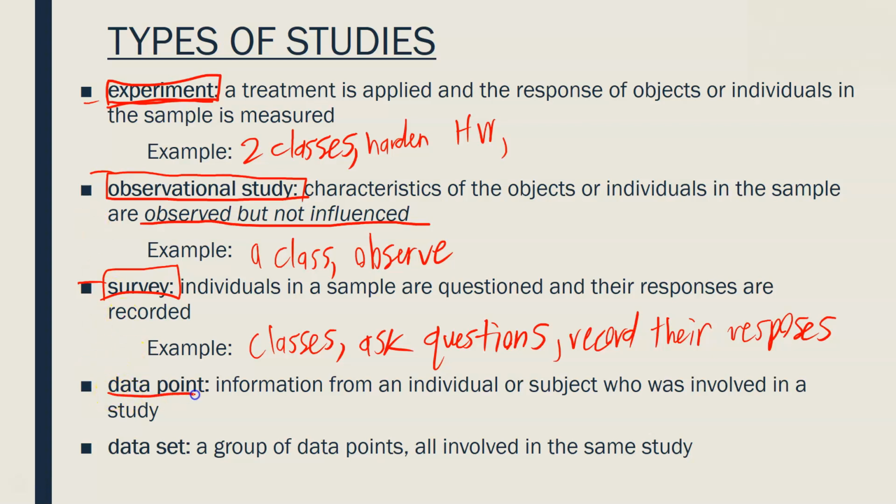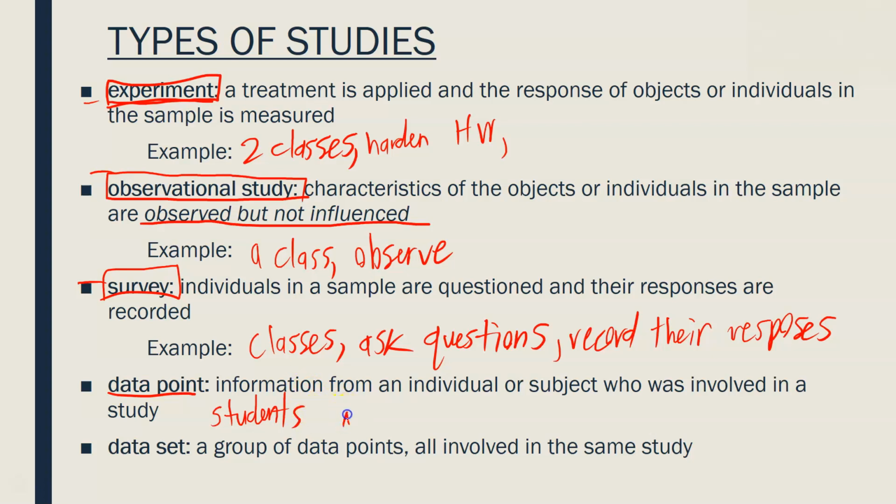A data point is information from an individual or subject who is involved in a study. So say I go into my group of students. A data point is the information that I collected from a specific individual.